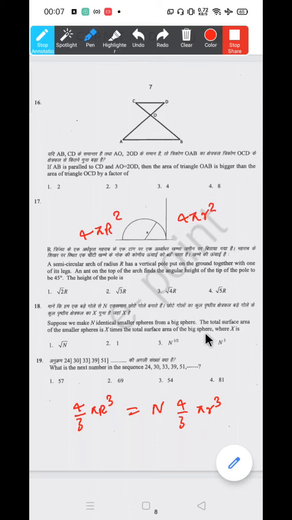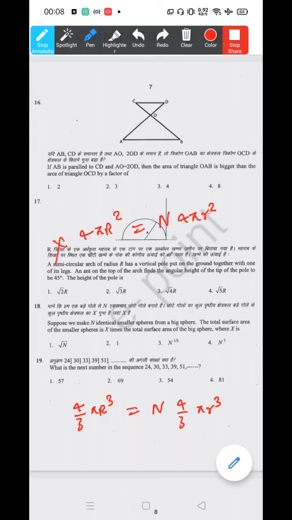What is the total surface area of smaller? That is actually x times the total surface area of the bigger one. Total means adding all terms, that is x times.